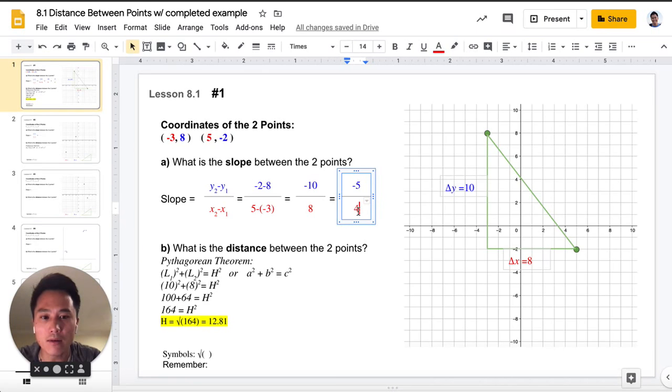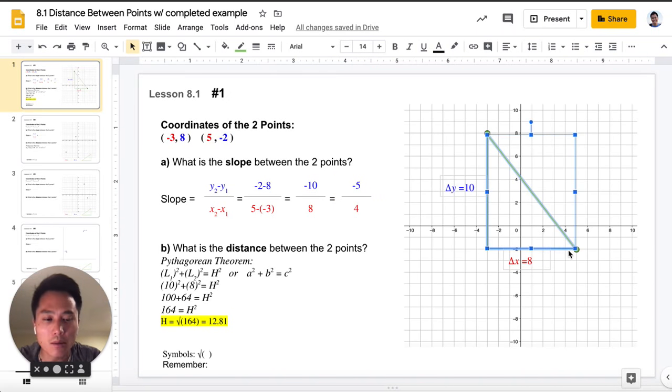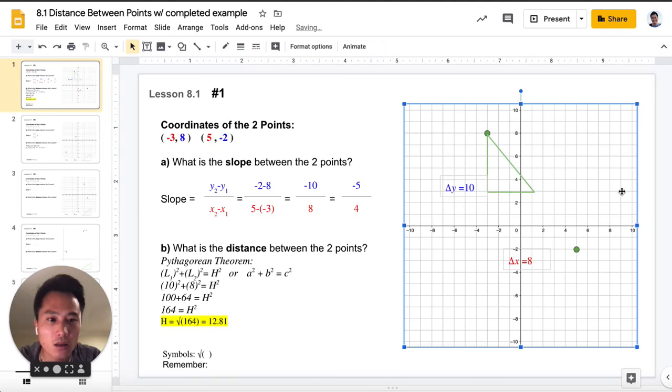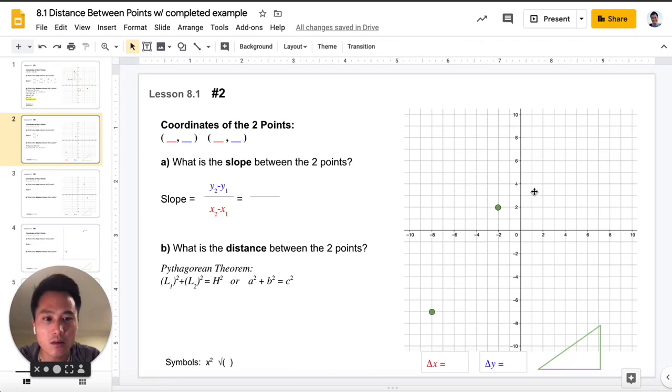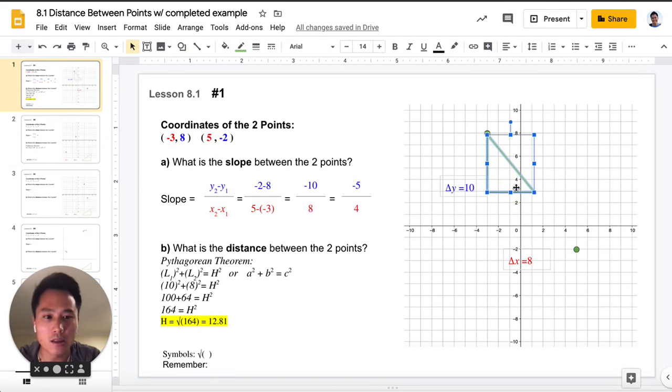If I use the lengths 5 and 4 instead of 10 and 8, what I'm actually doing is I am shortening the length, or shortening the distance, right? This is 5, 4. And notice how this triangle doesn't go fully in between those 2 points. So make sure you use the lengths from your unsimplified slope.